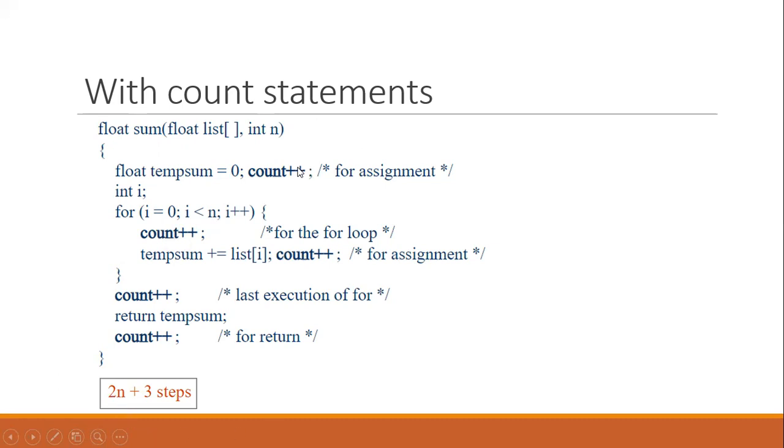Outside the for loop, there are 3 program steps: for the assignment, for the last execution of the loop, and for the return statement. So 3 program steps outside the for loop and 2n program steps inside the for loop. So the total steps required by this function is 2n plus 3.